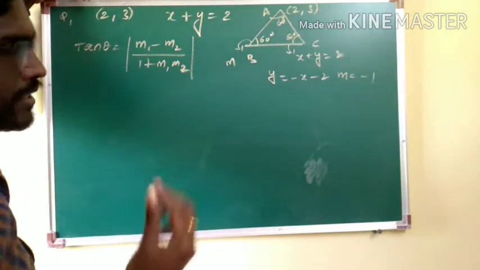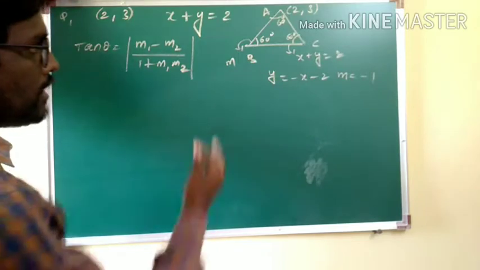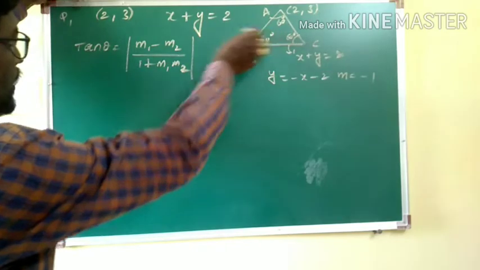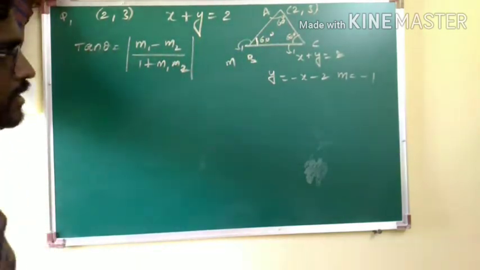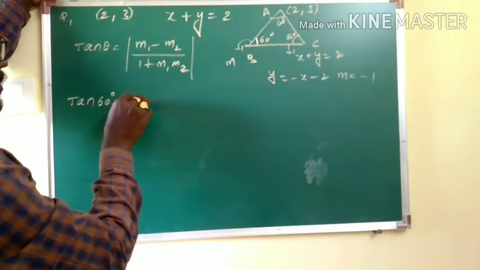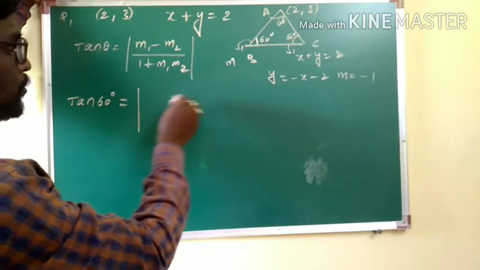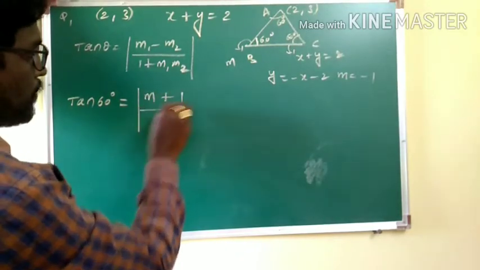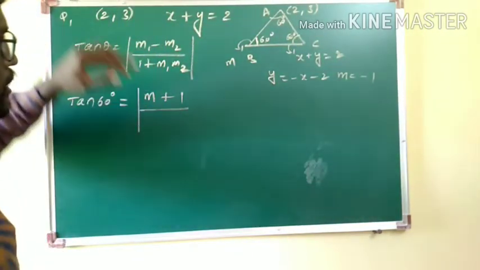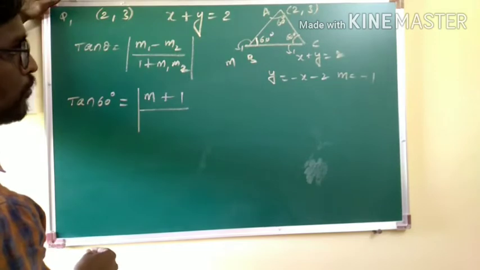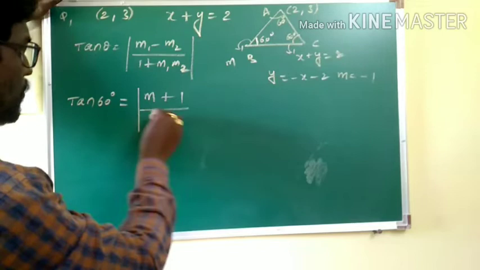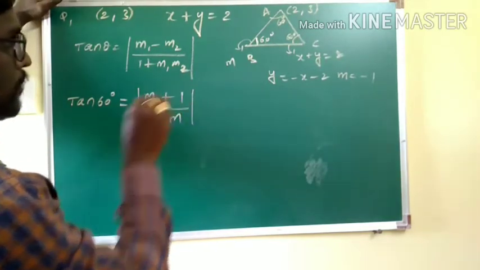If we treat m1 as m and m2 as minus 1, the angle between them we already know, that is 60 degrees. So we can trace out tan theta. Tan 60 degrees is equal to mod of m1 minus m2, that is m minus of minus 1, plus 1, over 1 plus m1 m2, where m1 is m itself and m2 is minus 1, so that I will get 1 minus m.